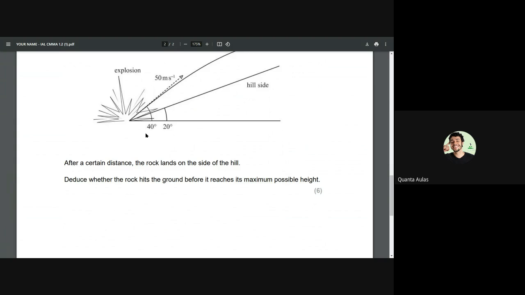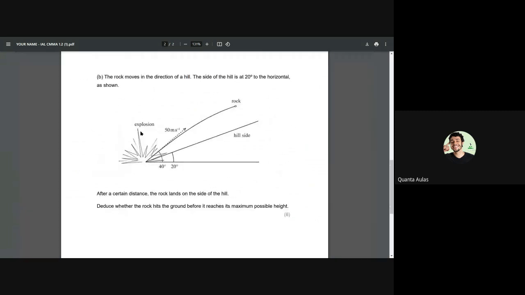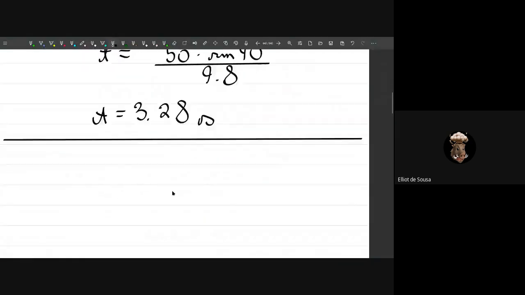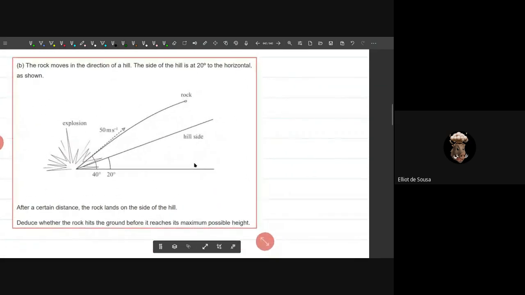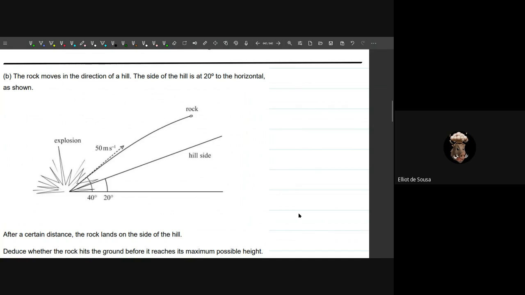Do you know how we can do this? I don't know how to find out if it reaches the maximum height, but I know a little bit about the slope, and that you have to do theta minus alpha for the slope.